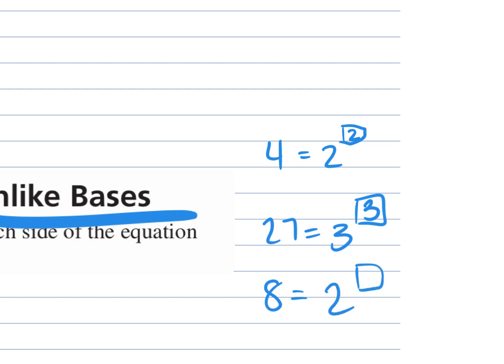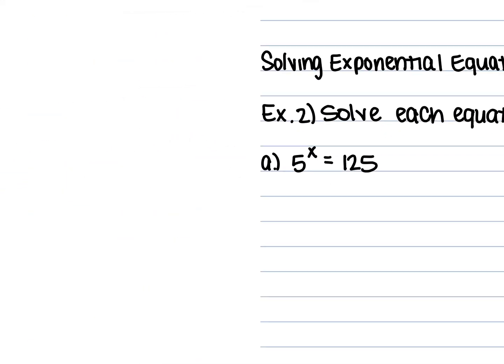Not 4, 3. Okay? So guys, this is a skill that we are going to get better at. The bases are not going to match, but we can force them to match, okay? So take a look at the first example.